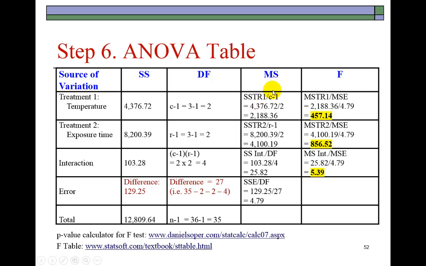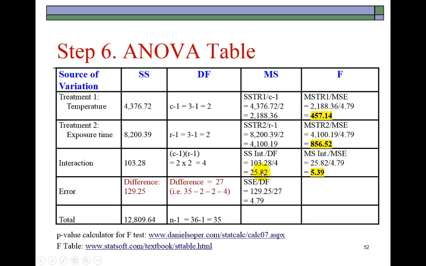And as is typical, the mean square for this first treatment, temperature, is going to be the sum of squares divided by degrees of freedom to get this 2188.36. You do the same for exposure time, dividing the sum of squares by the corresponding degrees of freedom. And do that too for interaction, dividing the sum of squares of 103.28 by its degrees of freedom of 4 to get the mean square for interaction.